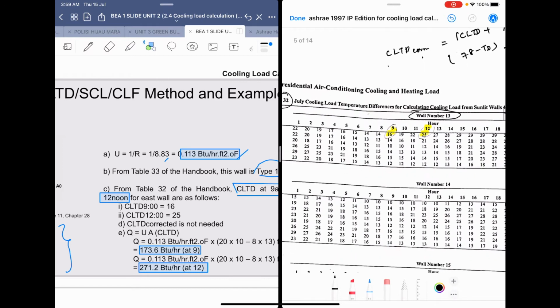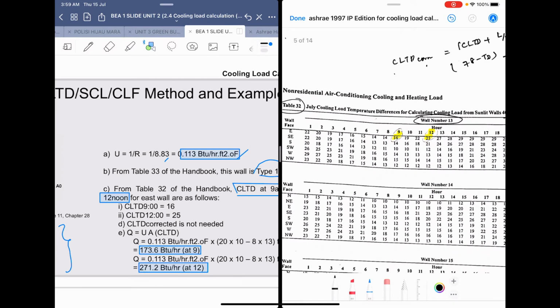And then remember that we want to know the July cooling load temperature difference. So of course we have to use this table, because we are looking for the cooling load in the month of July, and the times are 9 a.m. in the morning and 12 noon.